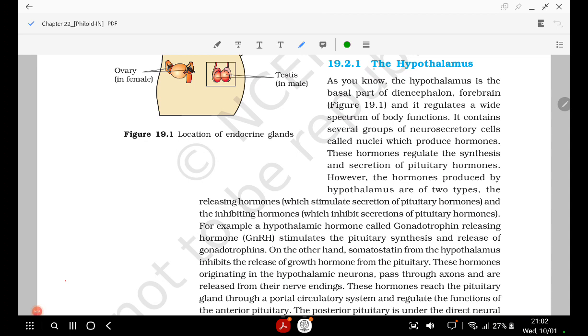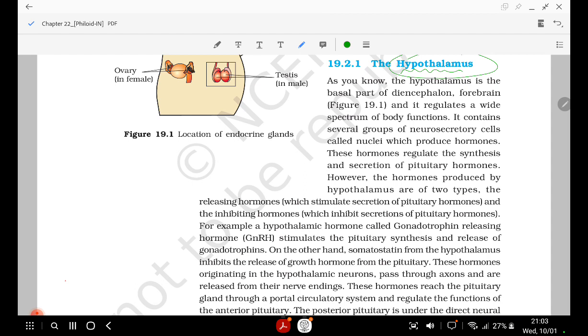In this chemical coordination and integration chapter, hypothalamus plays an important role because it is a part of a neural system as well as endocrine system.